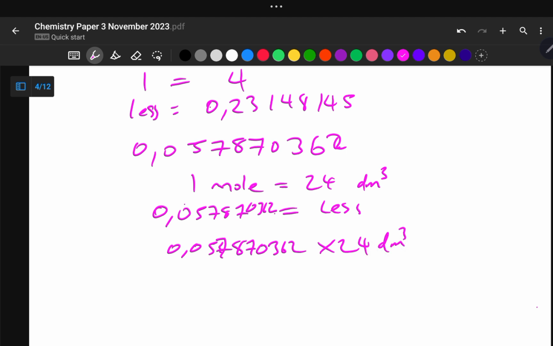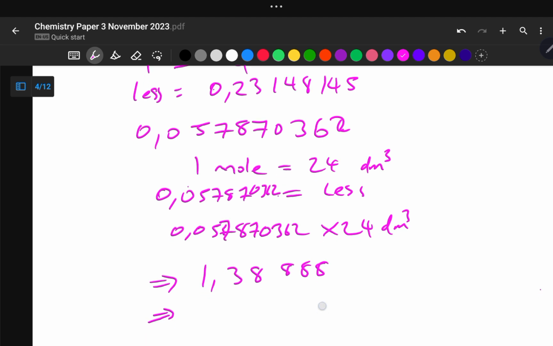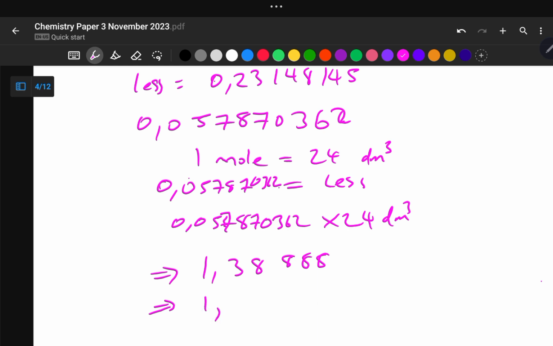We are going to have 1.38888, a recurring number. So to 2 decimal places, we have 1.39 cubic decimeters of oxygen.